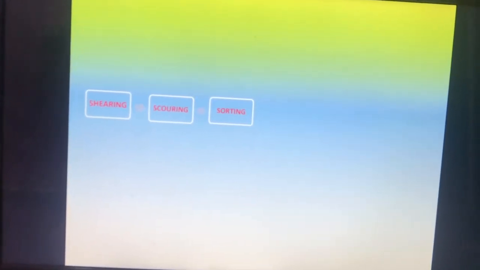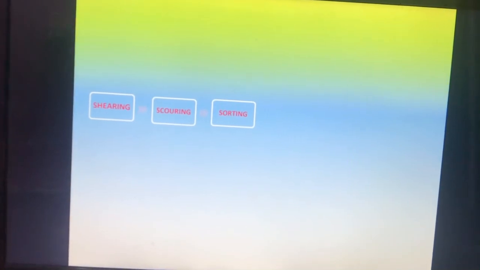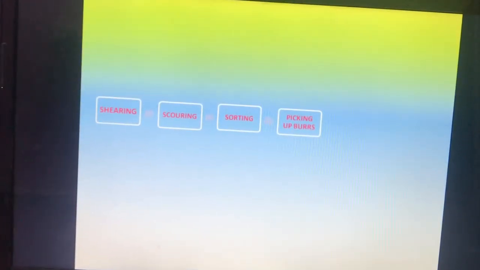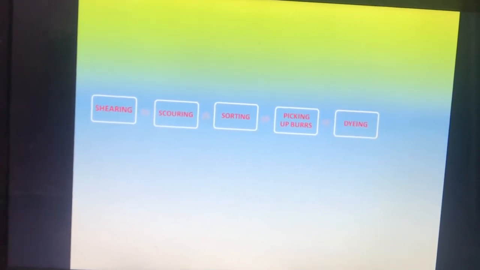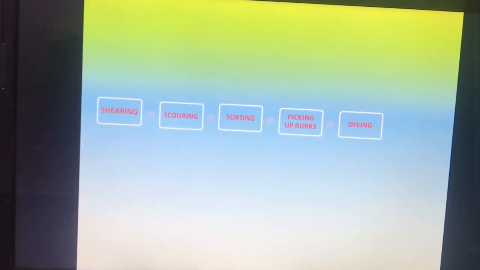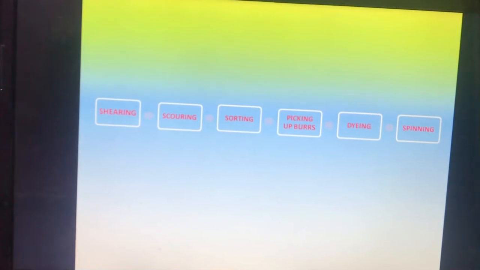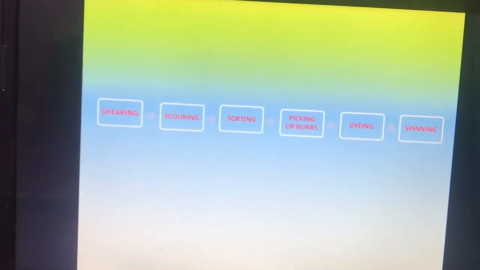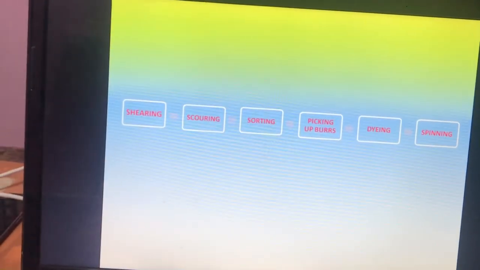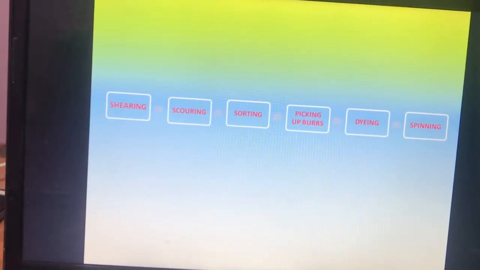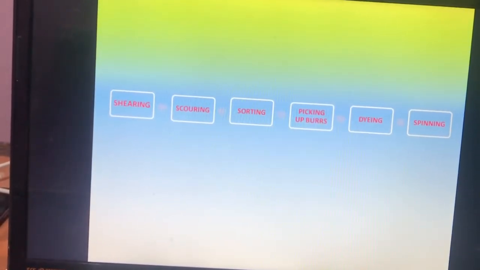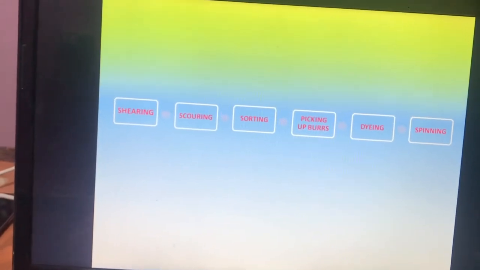Sorting, the fleece is sorted according to the texture. Then the burrs are picked up. Dyeing, coloring of the wool fibers into different colors. Spinning, the wool fibers into yarn. So these are the different steps. You should try to remember them in sequence.